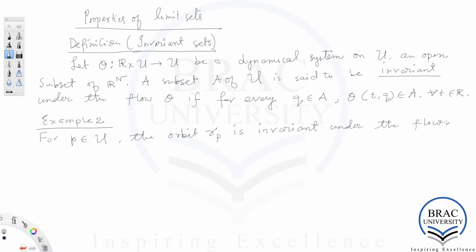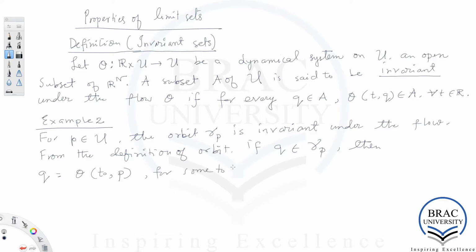To see how this happens, first note that from the definition of orbit, if Q is a point in the orbit of P, then Q is equal to theta(t0, P) for some t0 in the set of real numbers, right? This follows from the definition of an orbit.